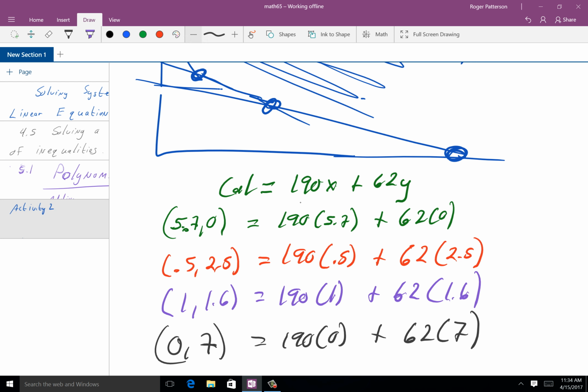Did anybody get the green one figured out here with a 5.7 times 190? How much is that? 1,083. How about the red one where I have 190 times 0.5 plus 62 times 2.5? Did anybody do that one? How much is that? 250?